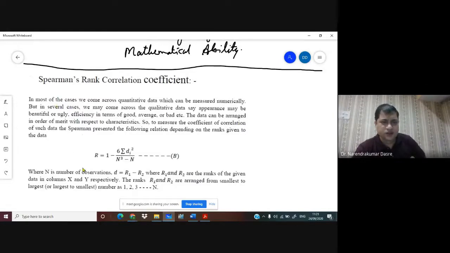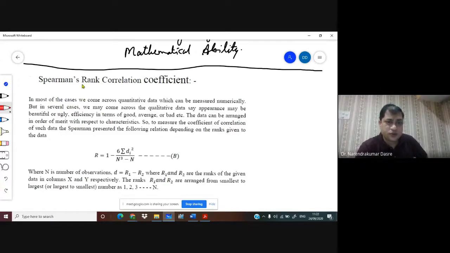We have the formula for Spearman's rank correlation coefficient. Please be careful that the previous one was the coefficient of correlation, the Karl Pearson coefficient of correlation. This is the rank correlation coefficient.